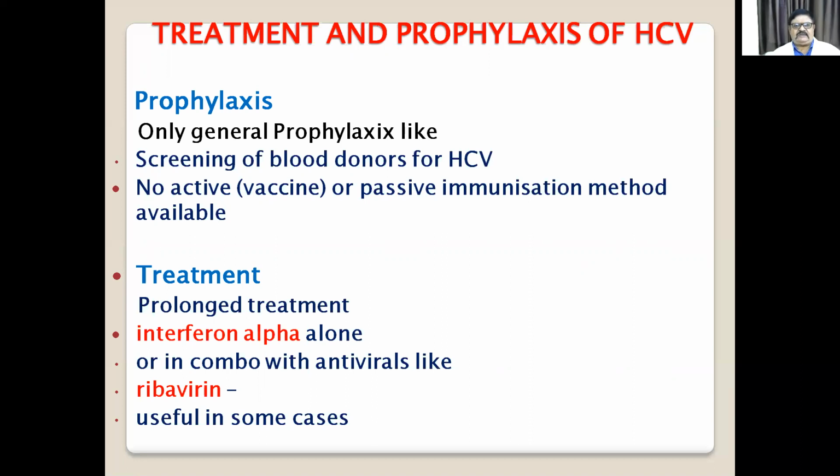You screen not only for HBV, you screen for HCV also. Prolonged treatment is required. Interferon alpha alone, or in combination with other antivirals like ribavirin, is useful in some cases. So, depend on interferon alpha only, ribavirin maybe in some cases it will be useful.